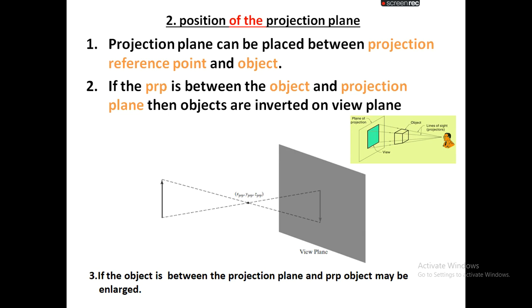Third, we placed the view plane. In the third example, we are placing the object between the projection plane and the projection reference point. Then the size of the object will get larger, or I am able to see that the image size is larger. These are the three different places where I can place the projection plane in our synthetic camera.